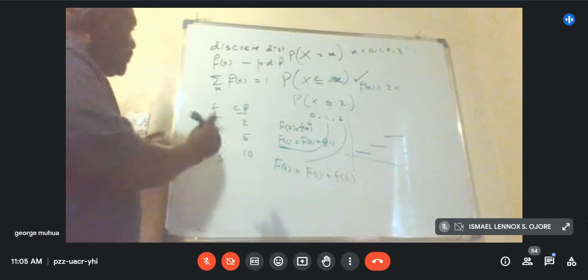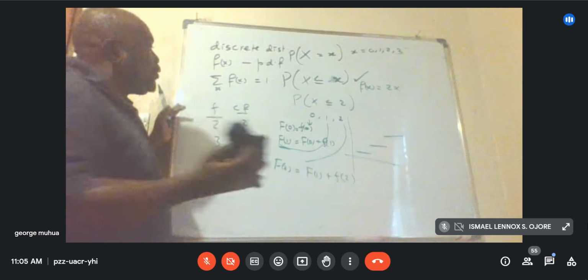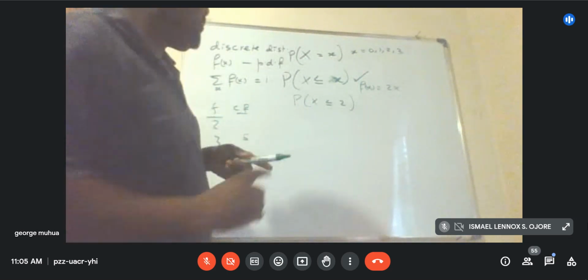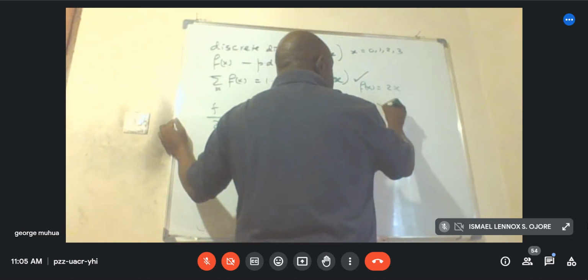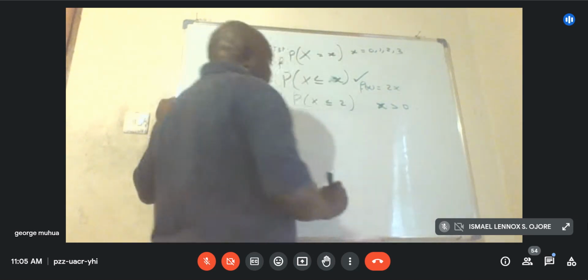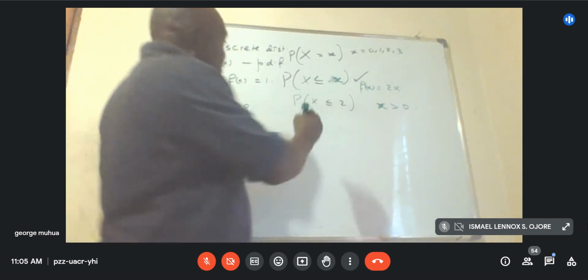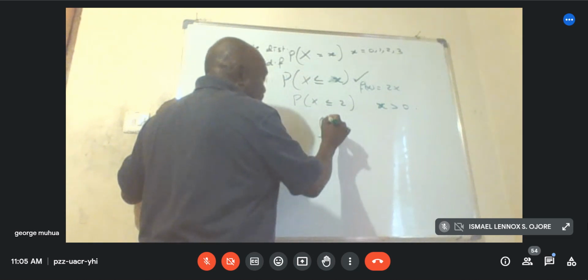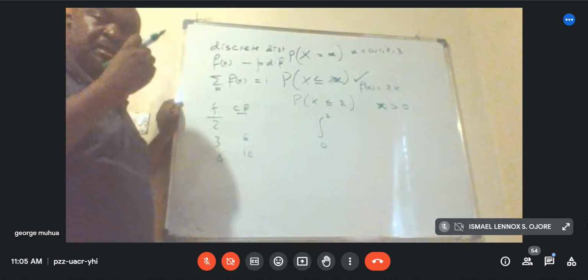for discrete cases. But now when it comes to continuous, you would look at the interval you are given. Say, for example, somebody says your small x is greater than 0, and then he's asking you for the probability of x less or equal to 2. Then that means you are going to integrate, the lowest is 0 and the highest 2, if you are looking for the probability.